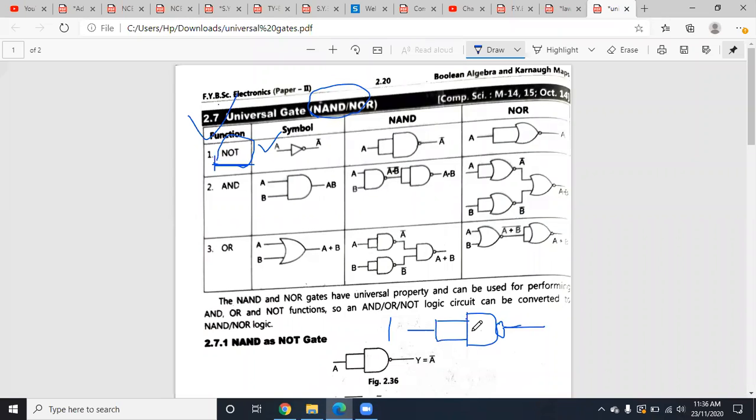How? Inversion, ma'am. Correct. We have applied 1 here. That 1 will go here and here also. What is the basic property of a NAND gate when both the inputs are high? Output is low. When all the inputs are high, the output of a NAND gate will be low.